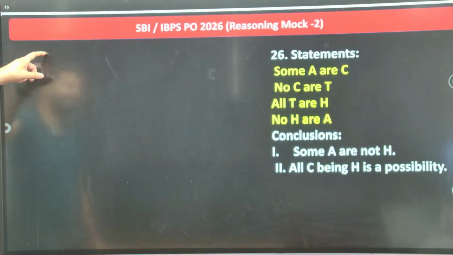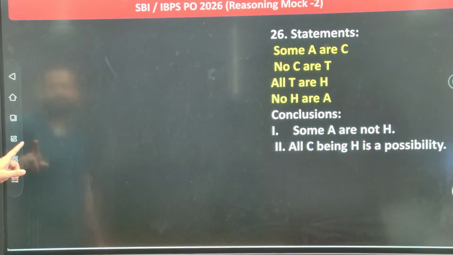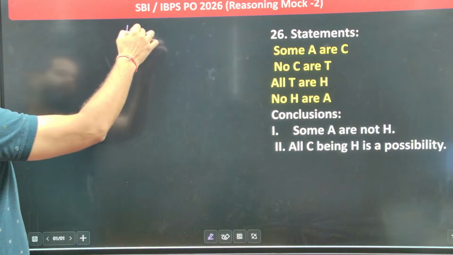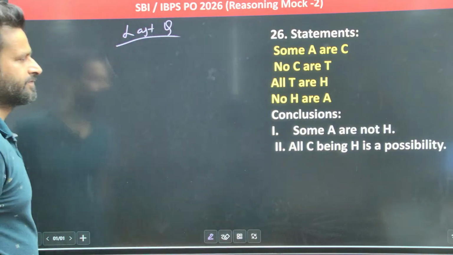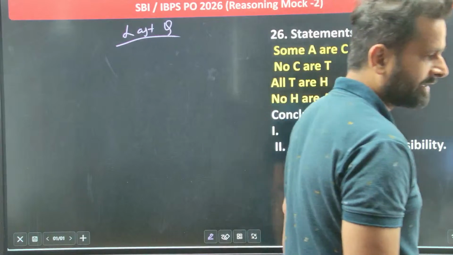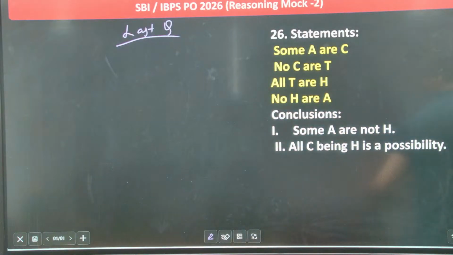Let us take this question as the last question. Last question for today. Check this out.